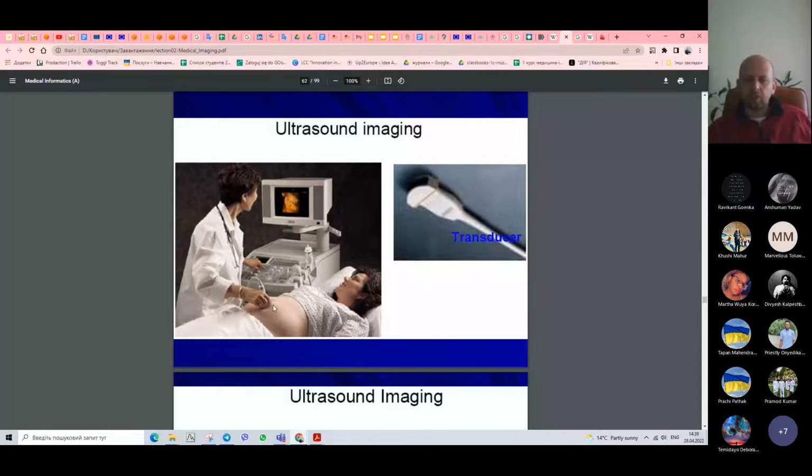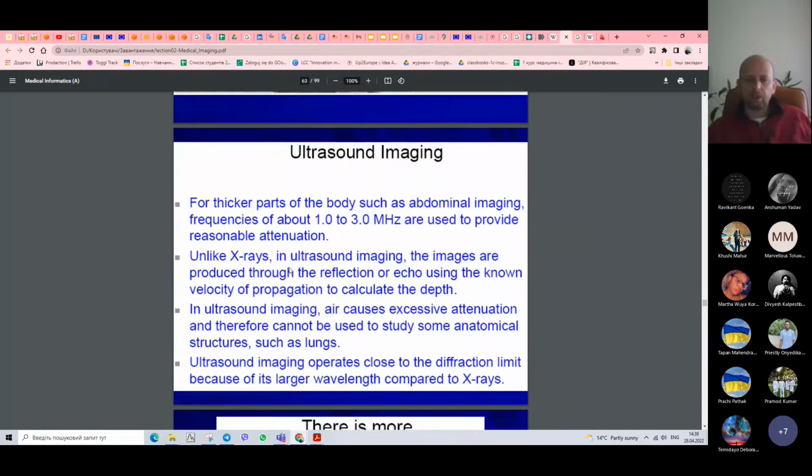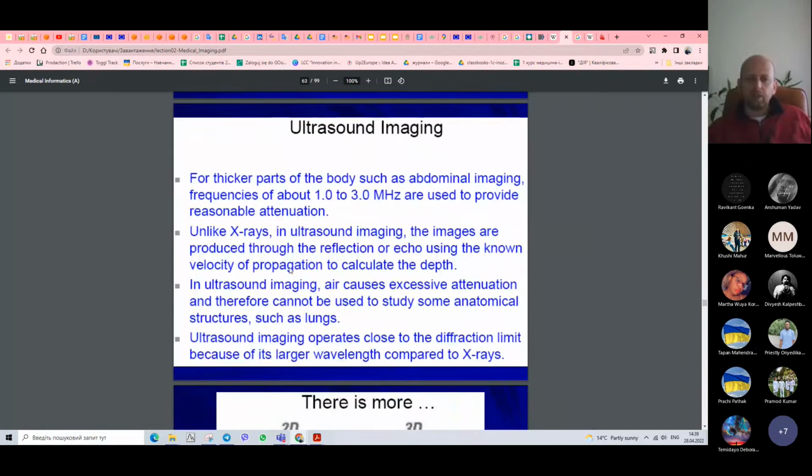And in the result, we can know what tissue and the form and area of this tissue present there. For thicker parts of the body, such as abdominal imaging, frequencies of about 1 to 3 MHz are used to provide reasonable attenuation.